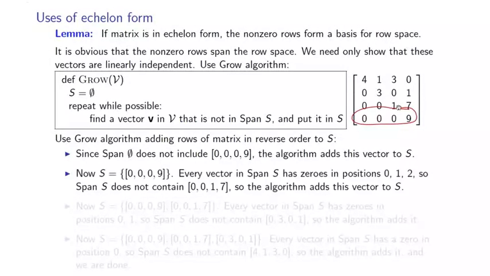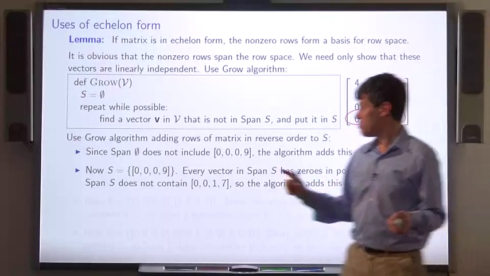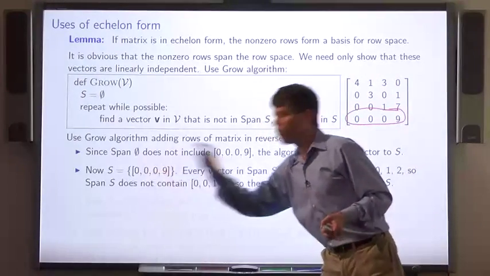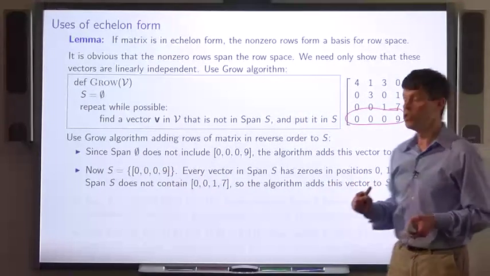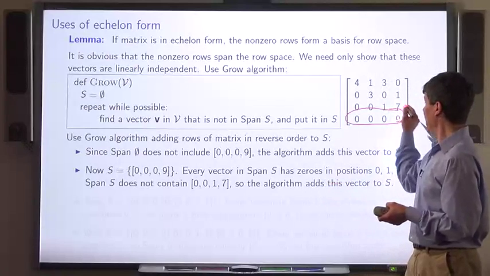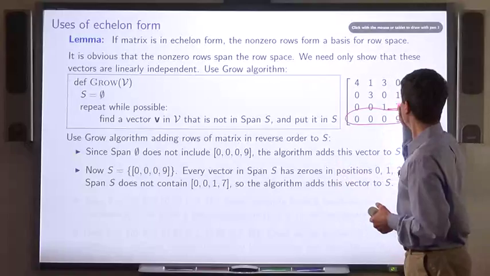Next, now S consists just of that row. Now, every vector in span of S has zeros in its first three entries, positions 0, 1, and 2. So span S doesn't contain this second row. So the algorithm goes ahead and adds that.